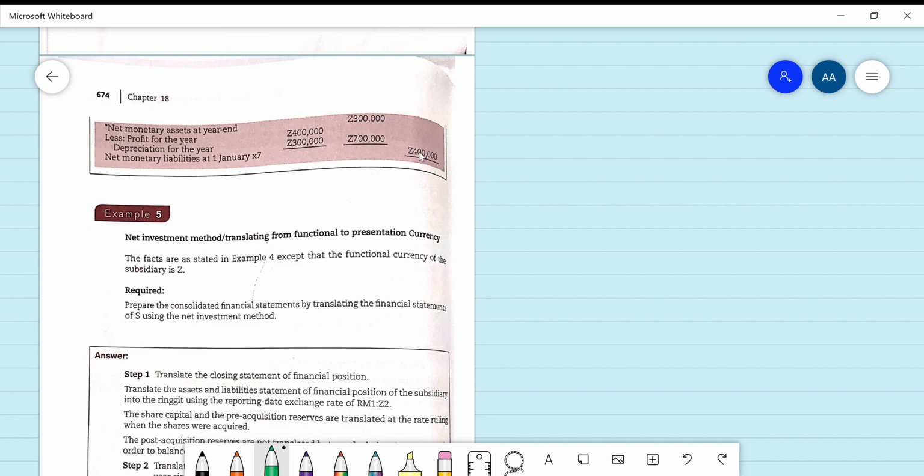Okay, now we will look into example 5, whereby we are using the net investment method, or translating from functional to presentation currency. In this case, the functional currency of the subsidiary is the foreign currency. Because it is different from the functional currency of the parent, in order to consolidate, the functional currency needs to be translated into the presentation currency.